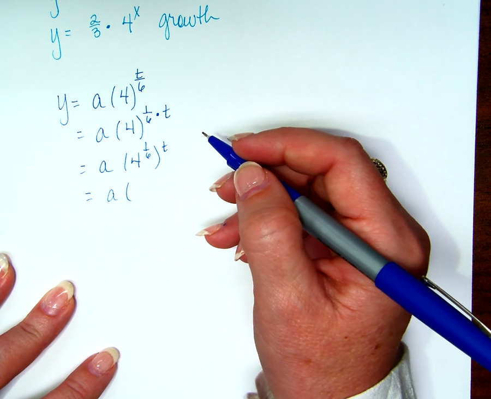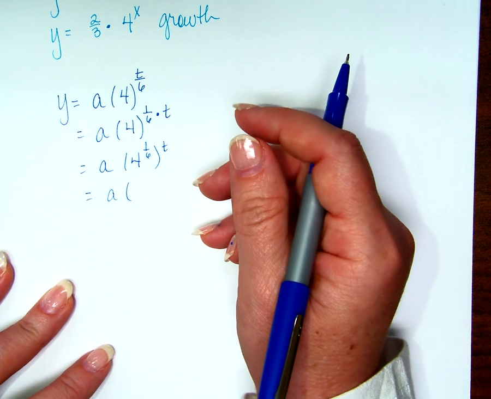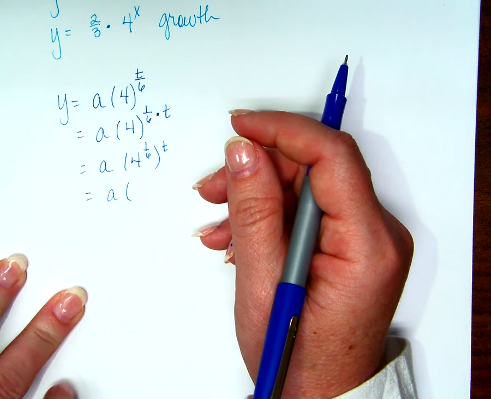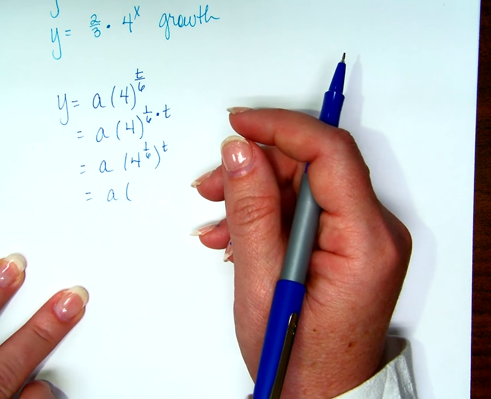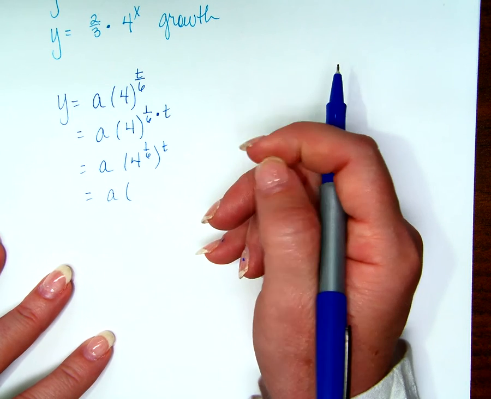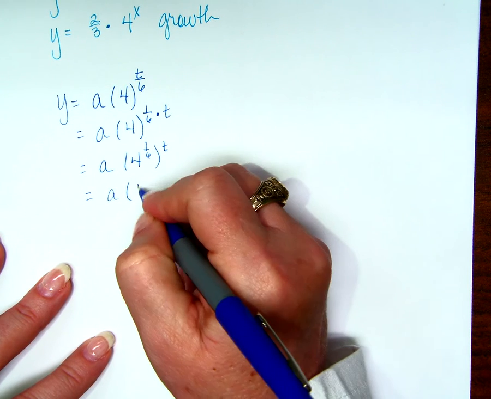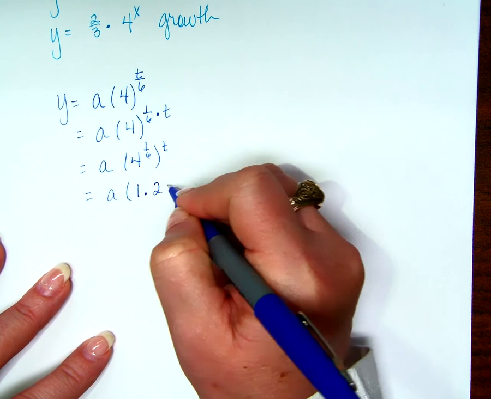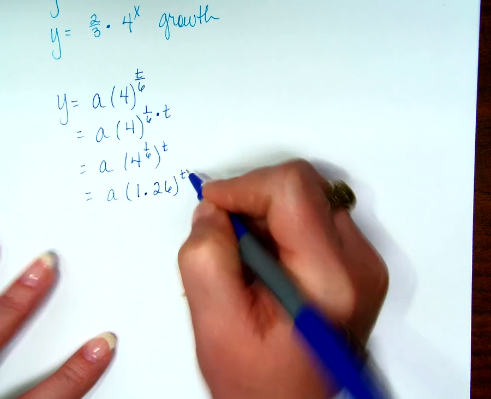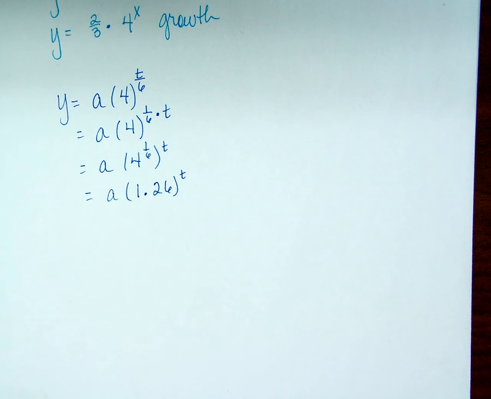For today's lesson, let's round to the 100th. Is that all right with everyone? 1.26. Is that what everybody got?